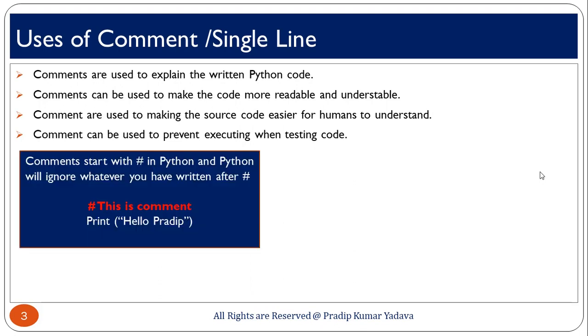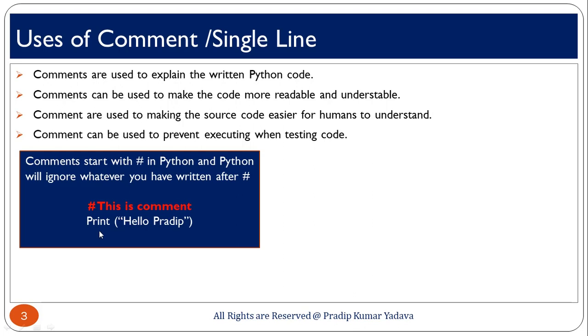Here you can see how we can create a comment in Python. For creating a comment in Python, firstly you have to use the hash sign. Suppose this is a line and here I have mentioned hash, so this will become a comment. Here the p in print should be small, not caps, because if you write caps in the IDLE environment, it will not execute and will generate an error.